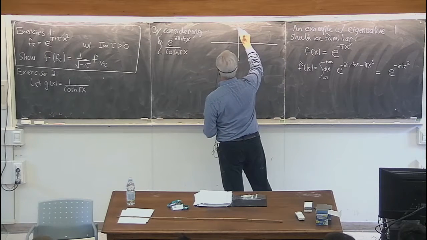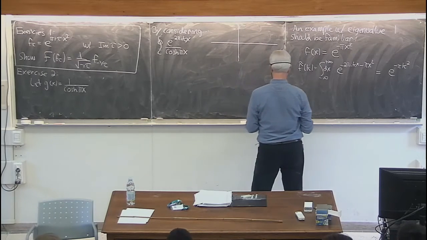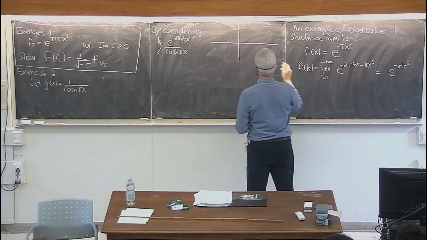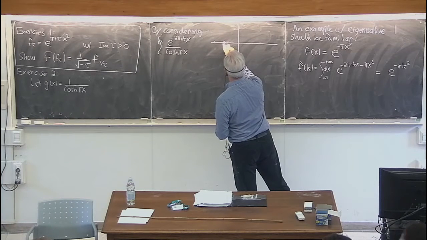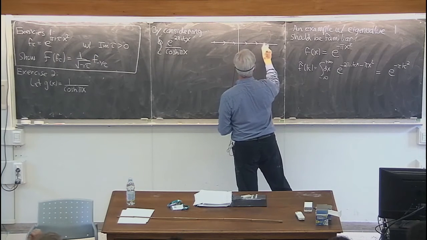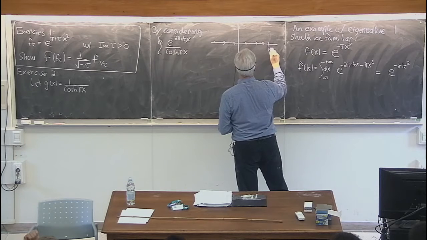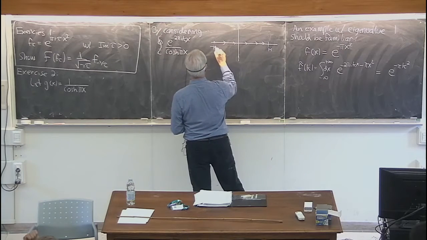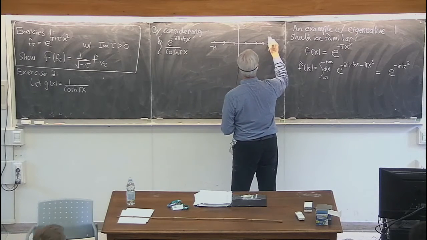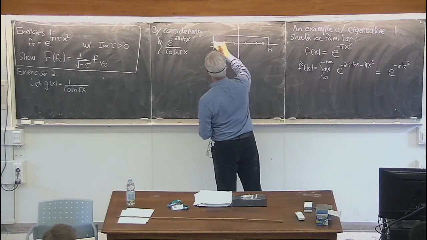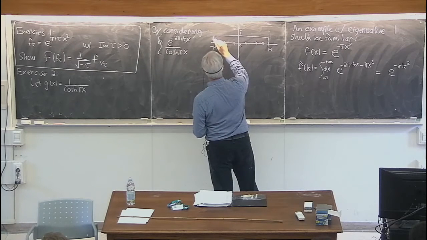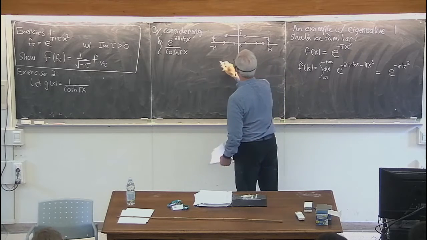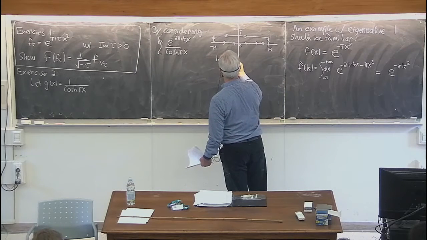So here is the z-plane, and consider a contour that runs along the real line to some value m, and from minus m, that then goes up and back over, with this point here being i, this is the origin, and then goes like this and back down, and then take the limit as m goes to infinity.